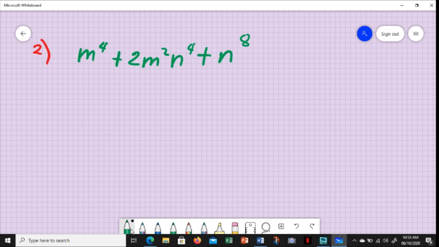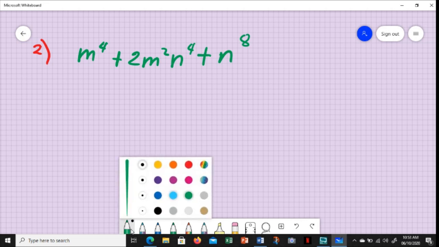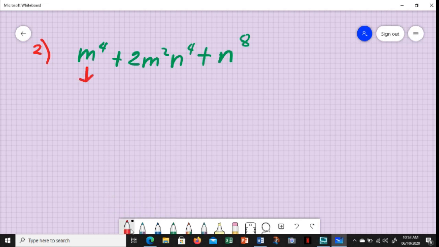So again, determine first if the given expression is a perfect square trinomial. So how we're going to do that? Again, apply the square root on the first and the last term.